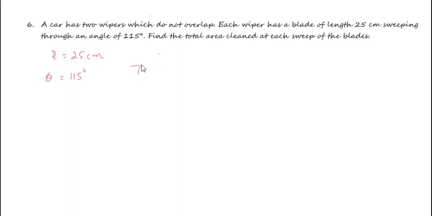So total area cleaned is equal to, there are two wipers, so 2 into the angle, the wiper sweeps through an angle of 115 degrees divided by 360 into pi, which is 22 divided by 7, into r square. r is 25, so it is 25 into 25.